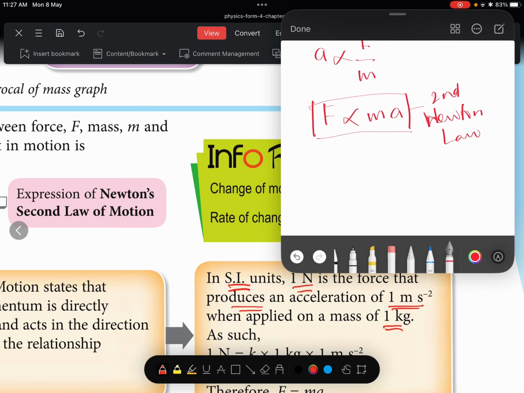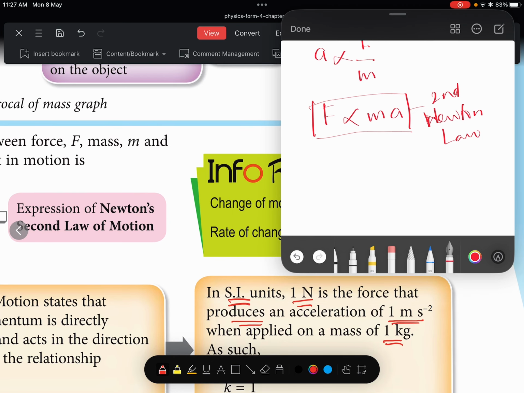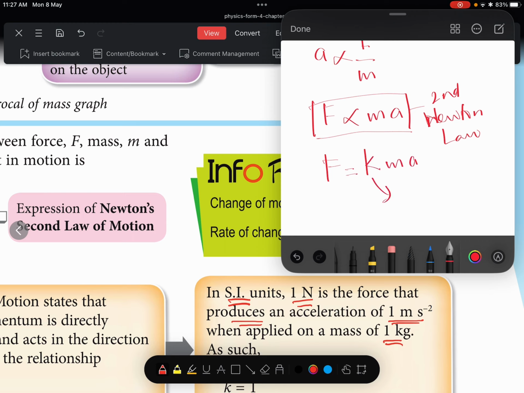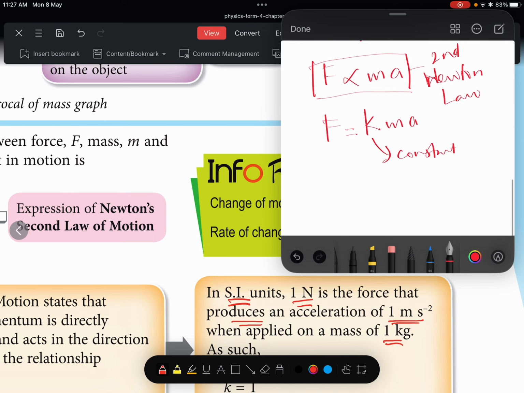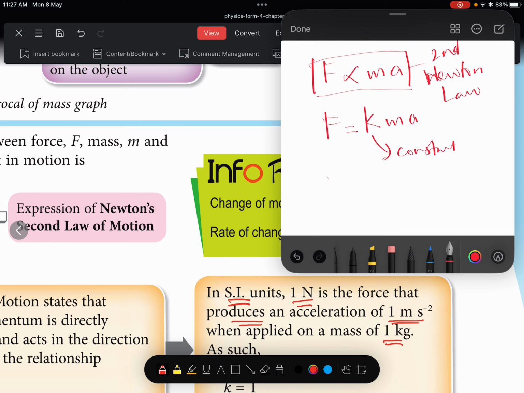So we can write F equals k ma, where k is a constant, and we want to know what k is. So k equals F over ma.